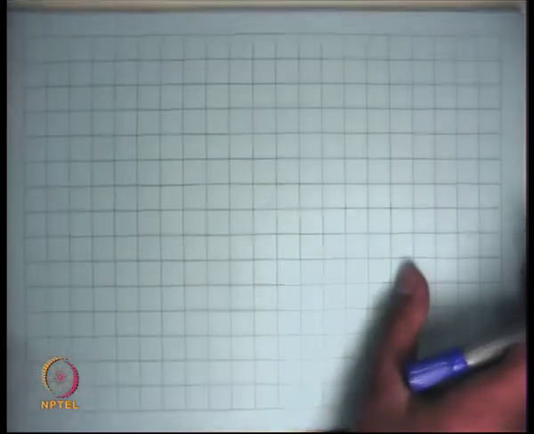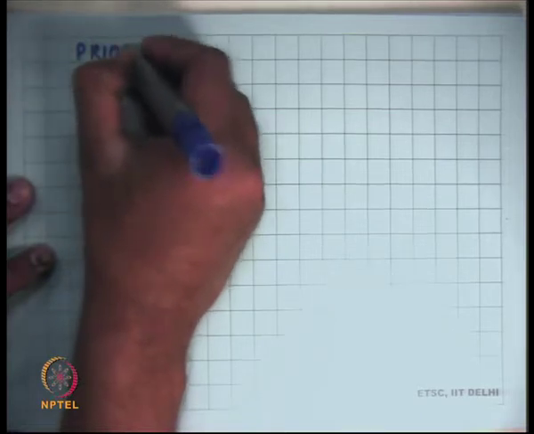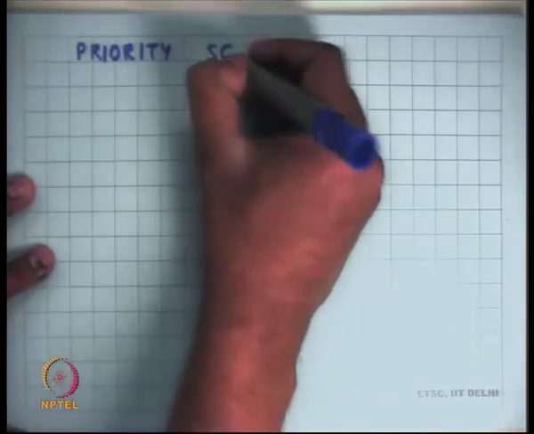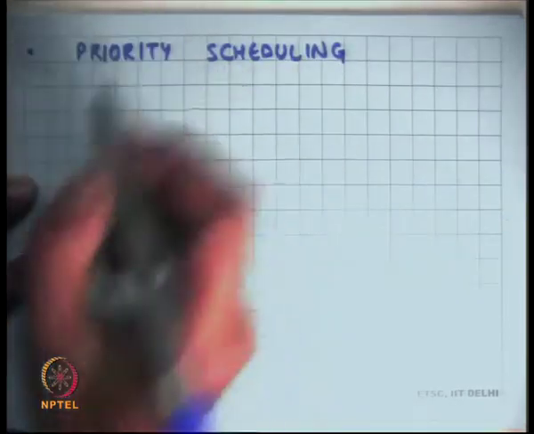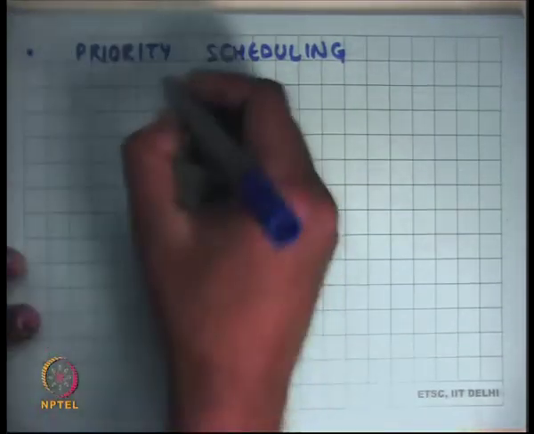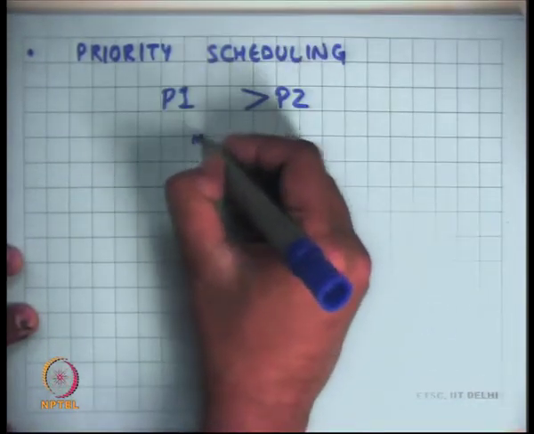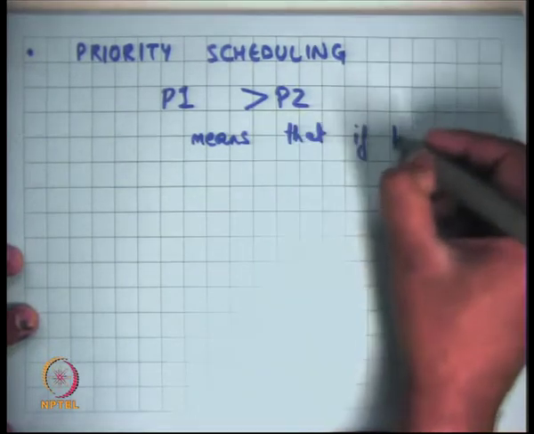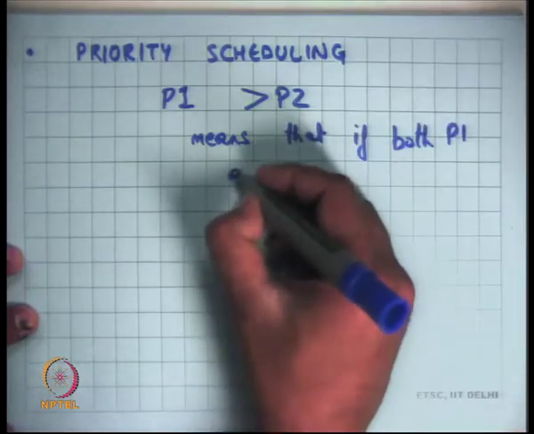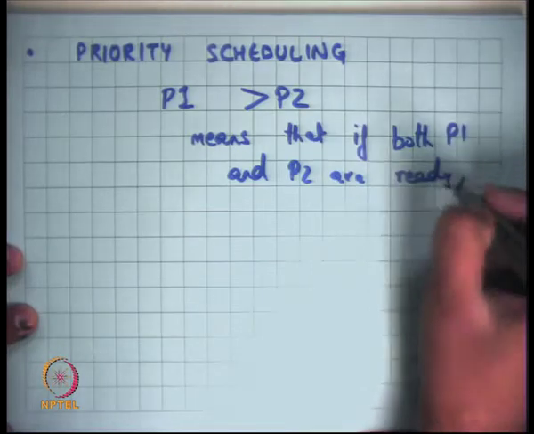Okay, but that doesn't solve our convoy effect, and so what we really need is some sort of priority scheduling. All right, where the idea is that P1 has higher priority than P2, which means that if both P1 and P2 are ready, then P1 will win.